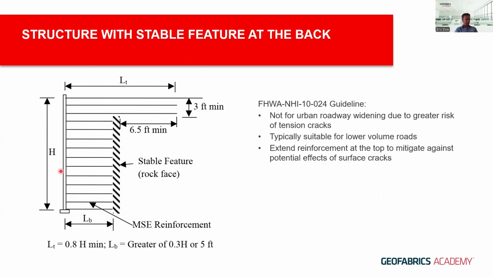I have to say, I haven't come across this a lot. We haven't done this either, but I thought I'd put it up here. But one thing to note, not for urban roadway widening due to greater risk of tension cracks, typically suitable for low volume road only. So very low traffic, forestry road, those types of conditions where you may consider this type of technology or approach.